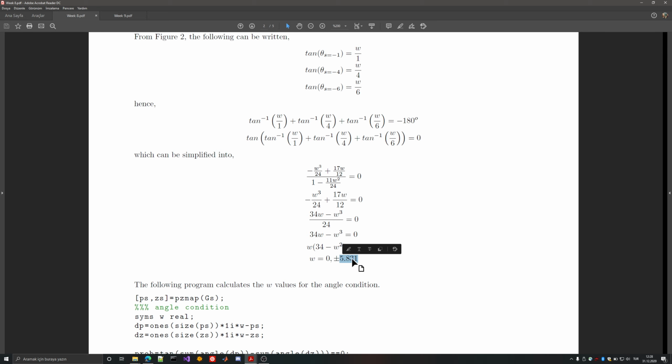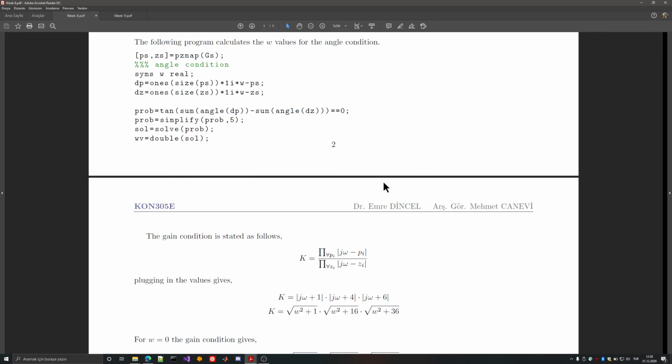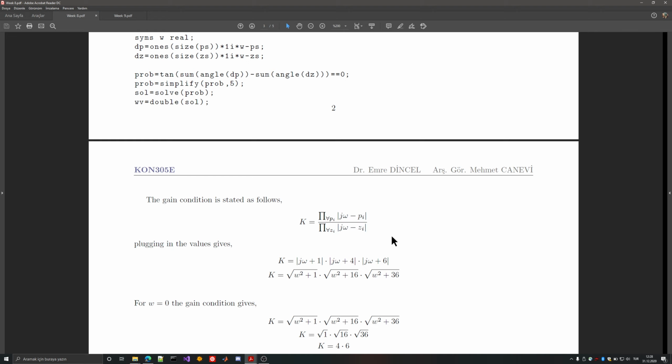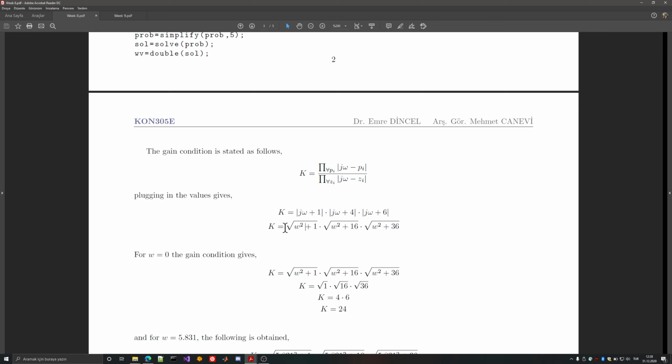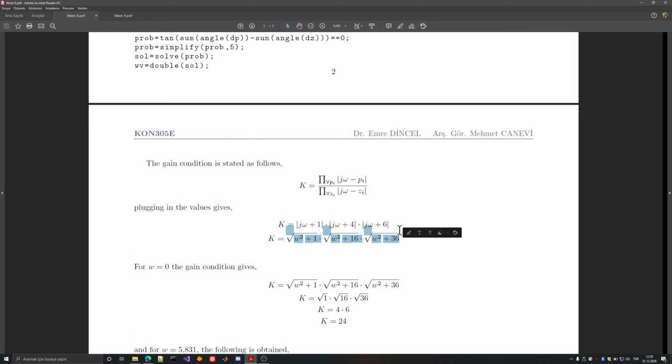So then you can use the gain condition, which looks like this. You have to look for every distance of the pole, multiply them, divide that by the whole multiplication of every distance of the zero, and then you will get basically the gain here. Since we know what omega is, we can plug the omega value here.